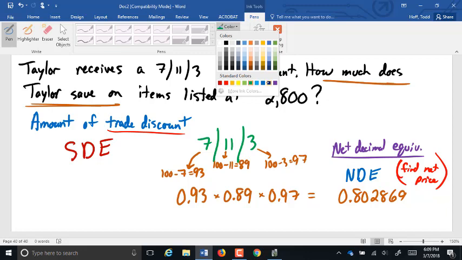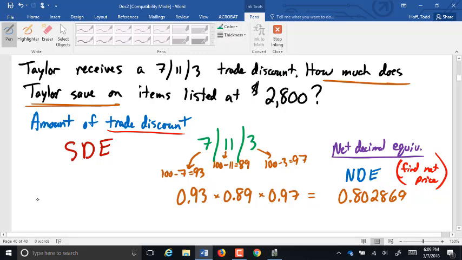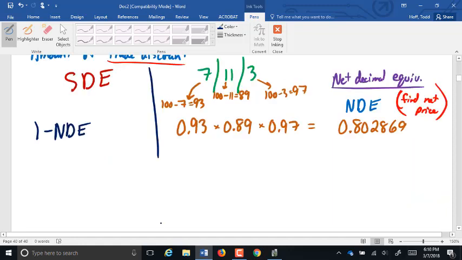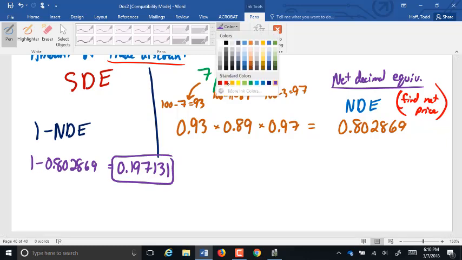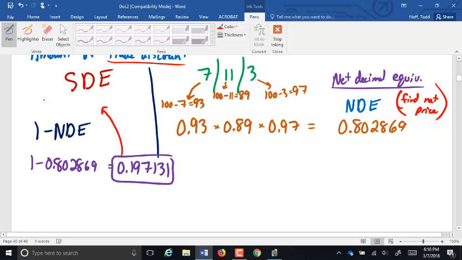The single discount equivalent is found by taking 1 minus the net decimal equivalent. So we do 1 minus 0.802869 equals 0.197131. That is the single discount equivalent.